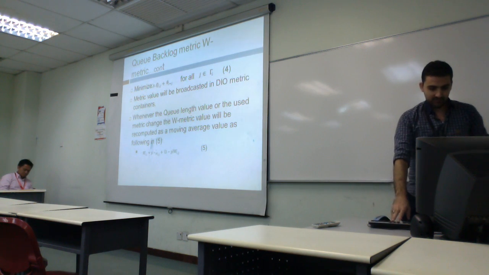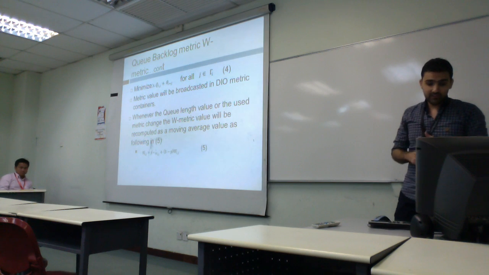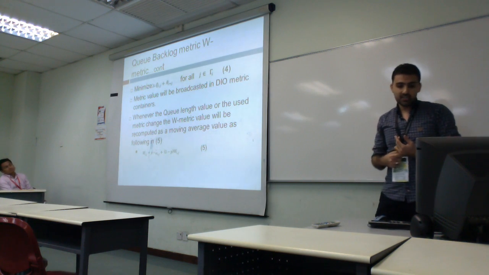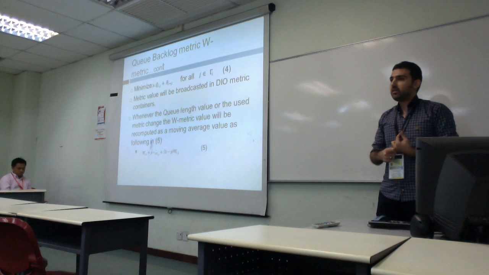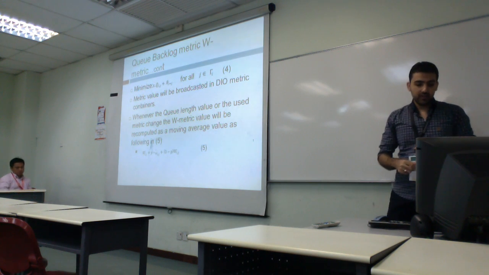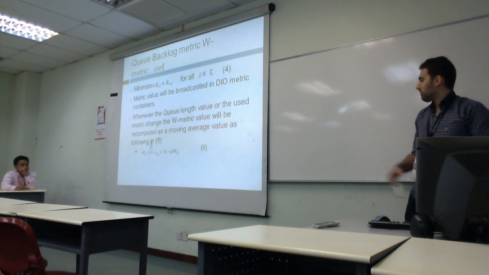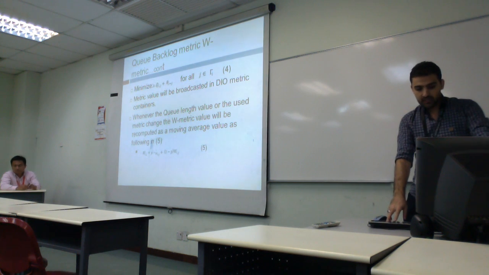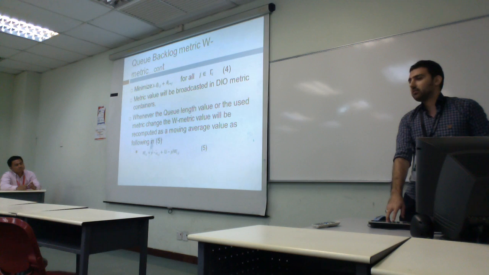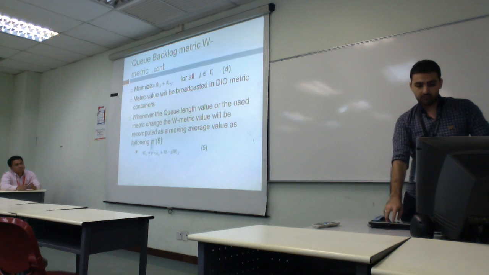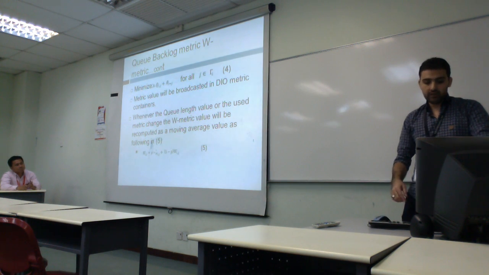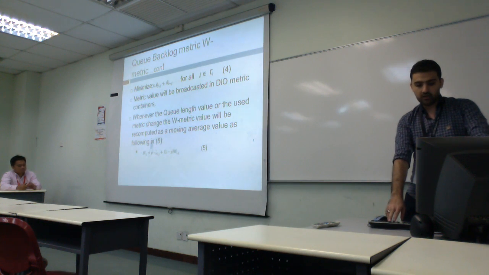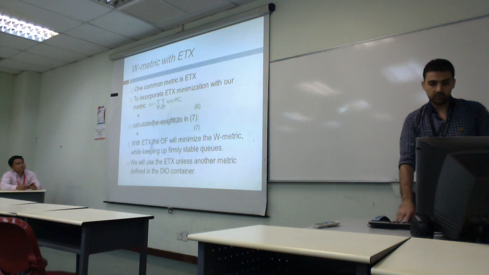Whenever the Q link value or the used metric changes, the W metric value will be recomputed as a moving average as in equation 5, where B is a constant larger than 0 and less than 1, and W_ij hat is the new value of the metric. So each time our new value changes, we will recompute our metric according to equation number 5.